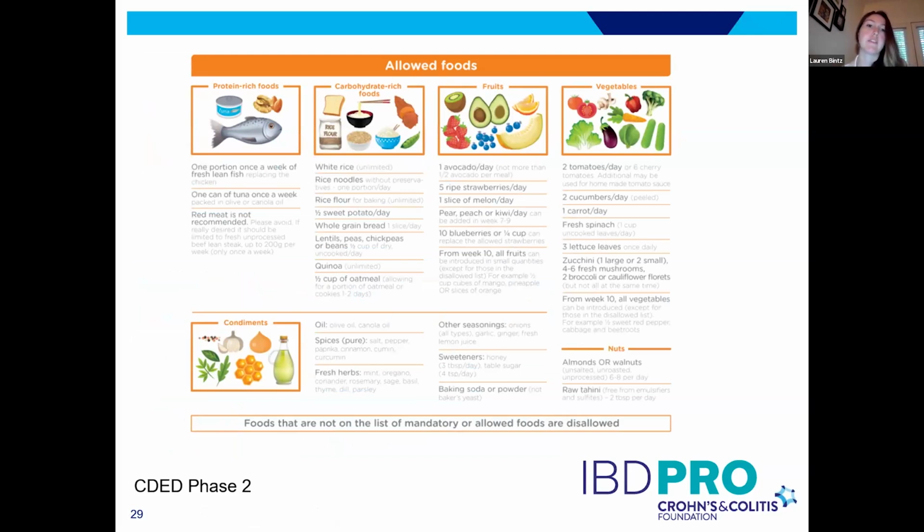And so on phase 2, you're able to eat some additional foods: whole grain bread, you're able to introduce lentils, beans, chickpeas, quinoa, oatmeal, some additional vegetables, and nuts. And this is the phase that the patient had come to me on. And so he was doing well on this.